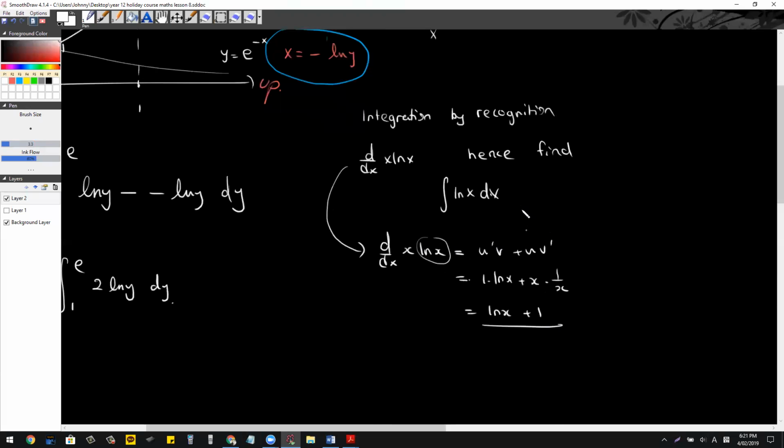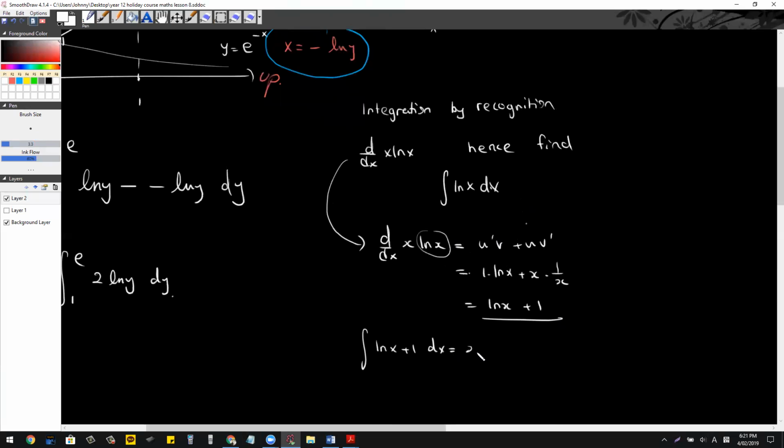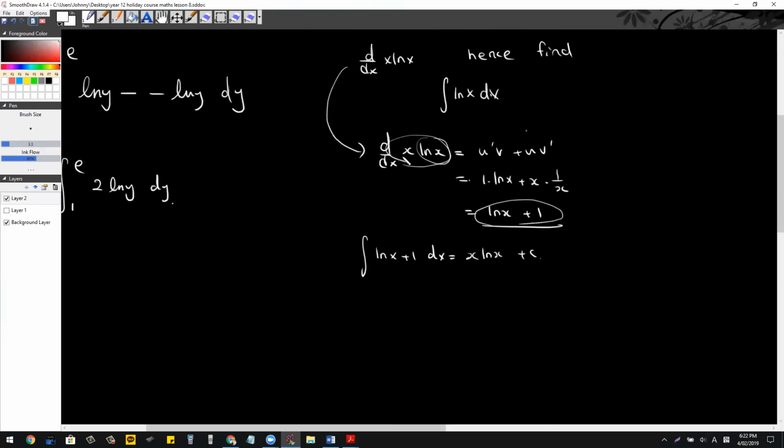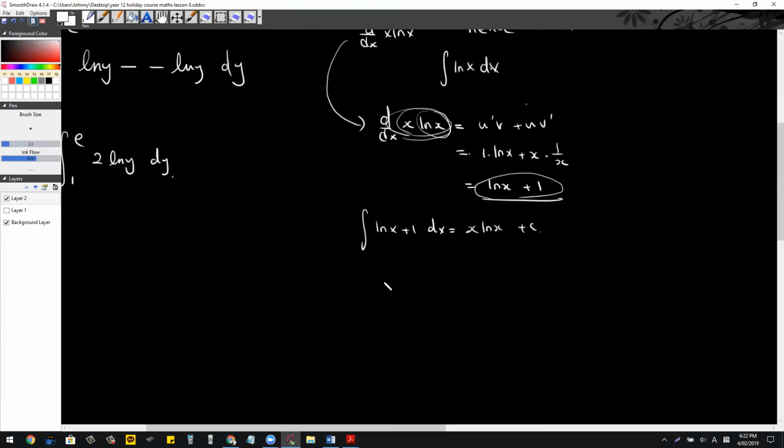That means the integration of ln x plus 1 dx is equal to x ln x plus c, true? If I integrate that, I should get this, because the differentiation of that is this. So if I take it apart, this is the integral of ln x dx plus the integral of 1 dx, and that's x ln x plus c.